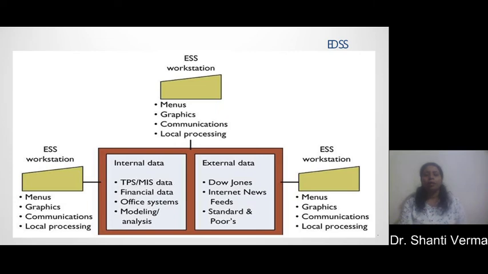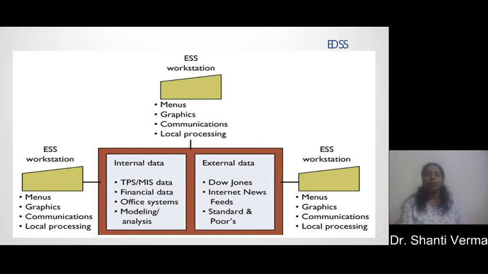Now let's discuss the architecture of the ESS. There are different ESS in a particular organization. All DSS have menus, some graphics interface, communication mediums, and a local processing system.